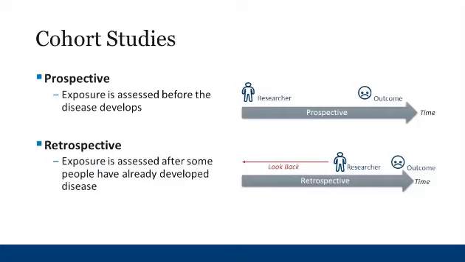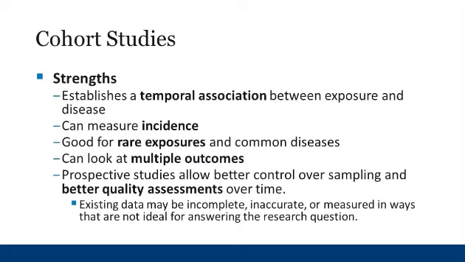And so oftentimes, especially when we're dealing with some of the existing VA data sources, we may actually be using a retrospective cohort study design. It all depends on if you're identifying your sample by exposure status, or, as we'll see later with case control studies, by disease status.